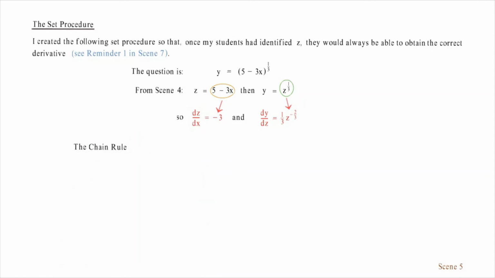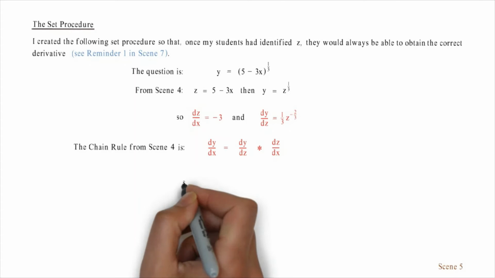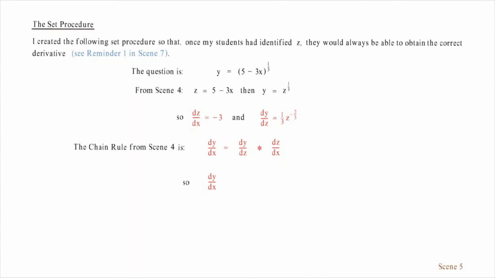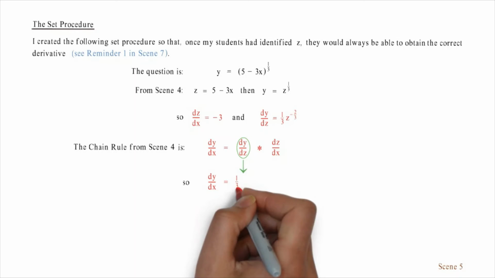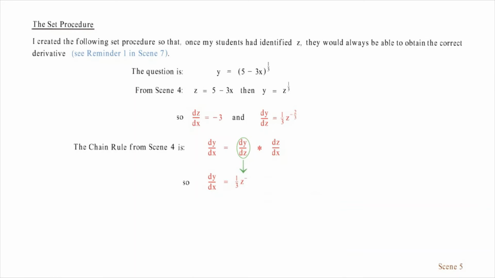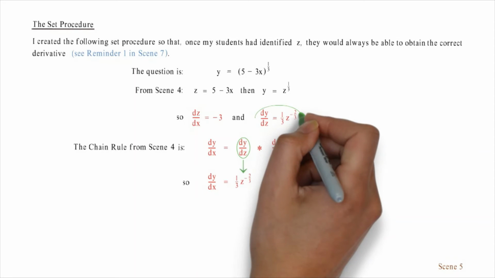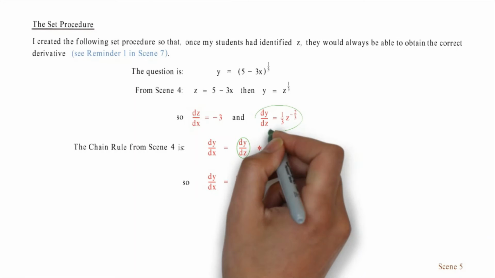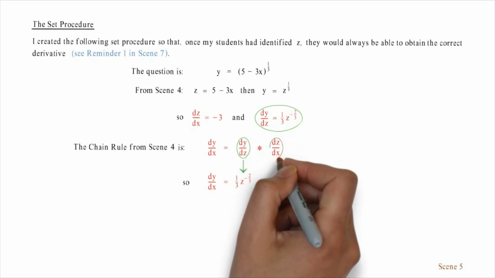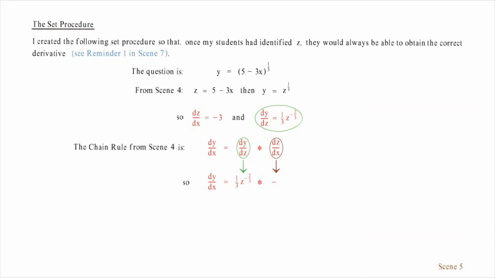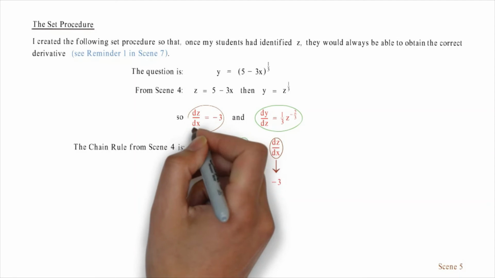The chain rule from scene 4 is: so dy by dx equals dy by dz, which is 1/3 z to the minus 2/3, times dz by dx, which is minus 3.